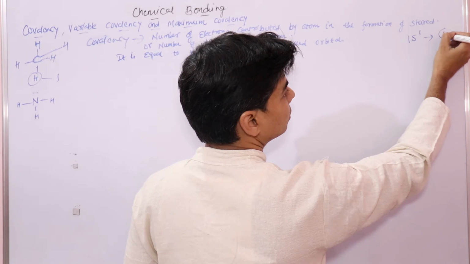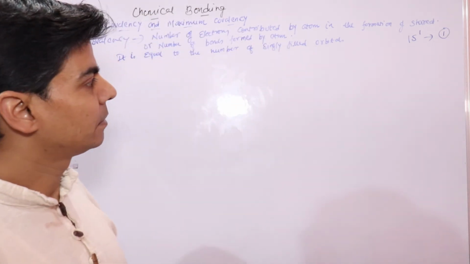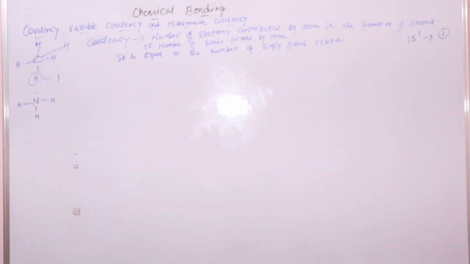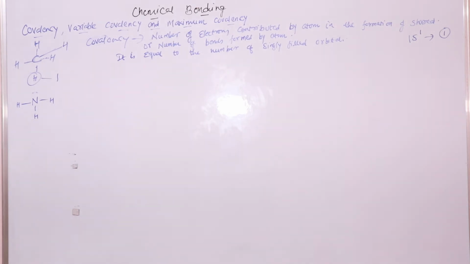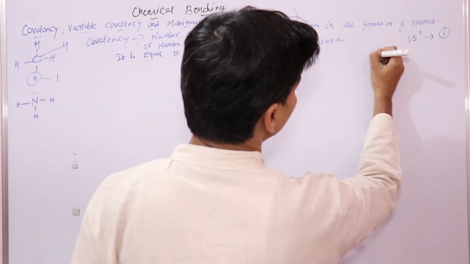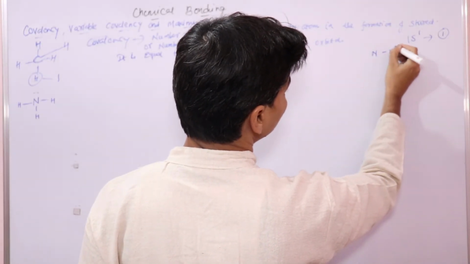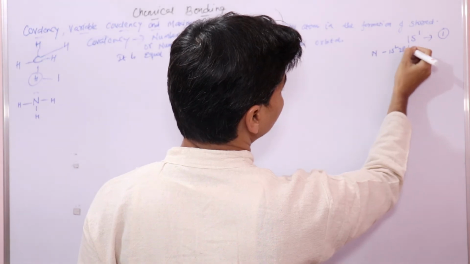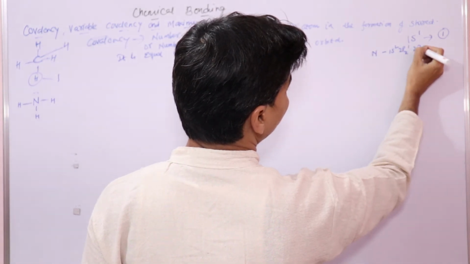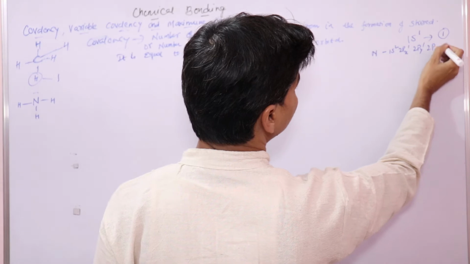So covalency 1. Similarly, if we talk about other atoms like nitrogen, in the case of nitrogen the electronic configuration is 1s2, 2s2, 2px1, 2py1, 2pz1.